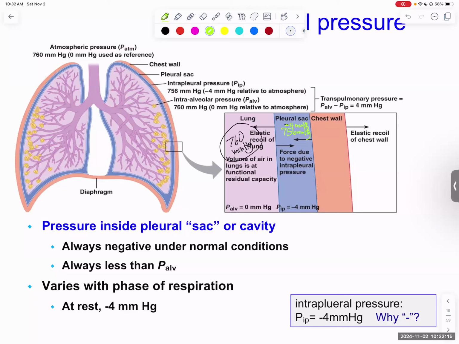Now, having less pressure pulls the visceral pleural membrane and the parietal pleural membrane together. It forms a vacuum, and so it's keeping these two membranes together.